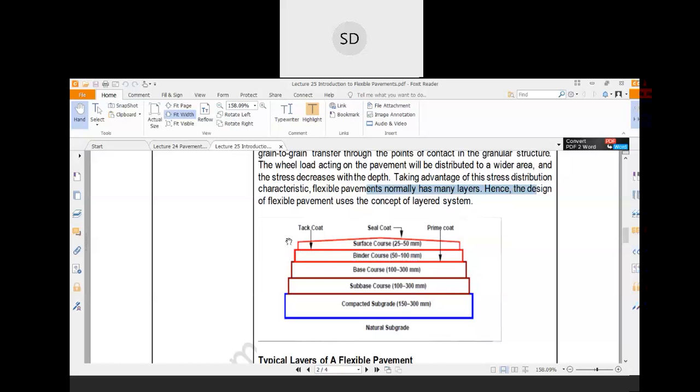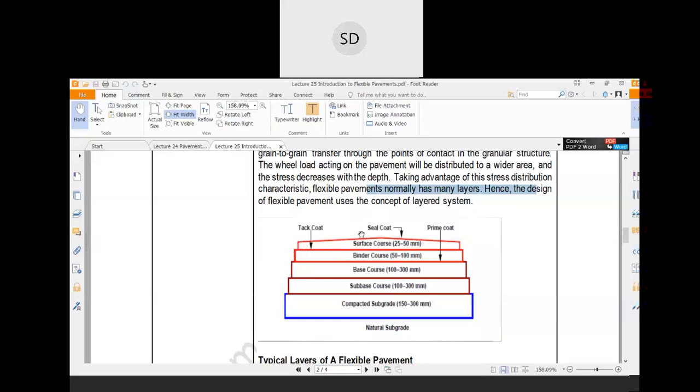So over the binder course, another layer would be there, like a bitumen primer, that is called tack coat, and over the tack coat, surfacing of the bitumen would be there. Okay, in that case, bitumen would be mixed with fine grade aggregate, and it would be the surface course.